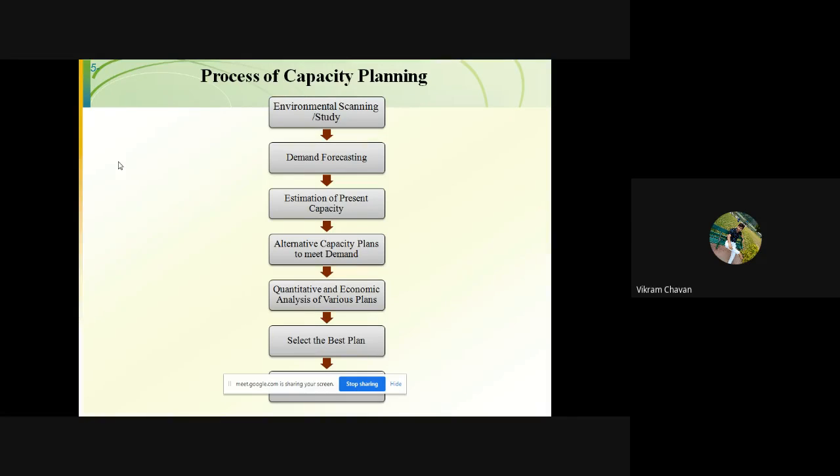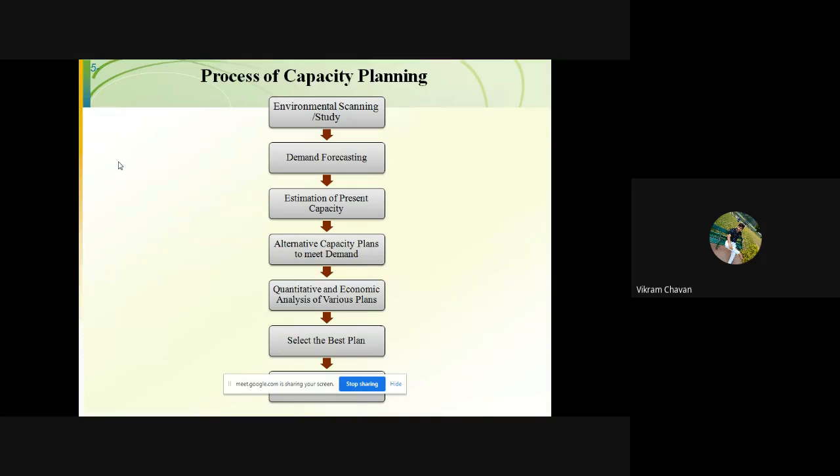In line with those three types of capacity, we also discussed the licensed capacity, or the installed capacity, and the rated capacity. By using these three capacities, one can understand the measures of capacity.